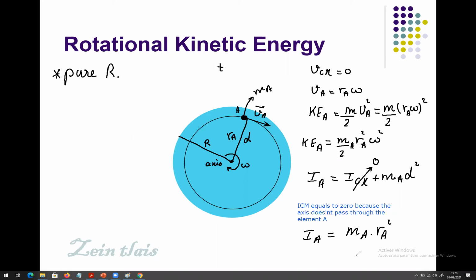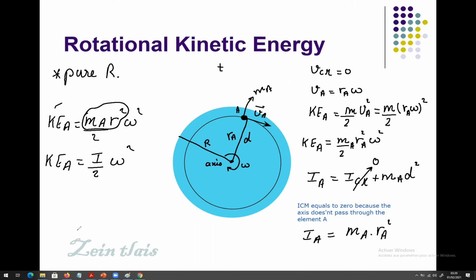So here we can say kinetic energy of the element A equals to ma r square omega square divided by 2. Ma r square equals to I. So directly we can write kinetic energy equals to I over 2 omega square.